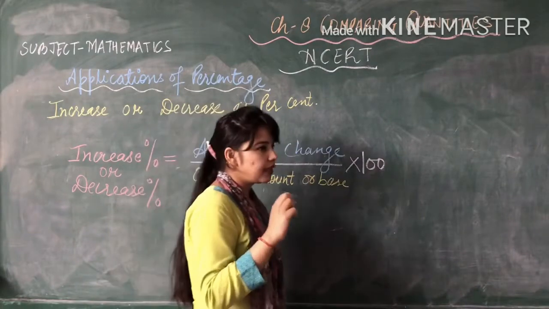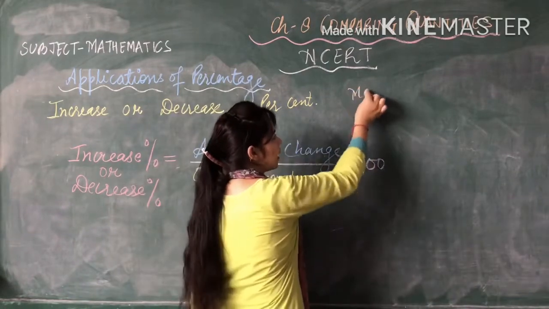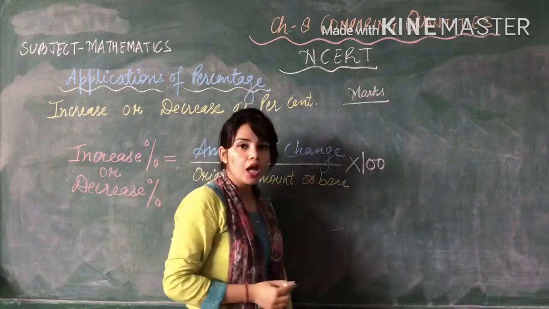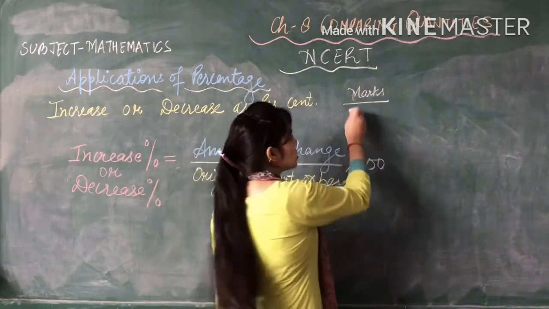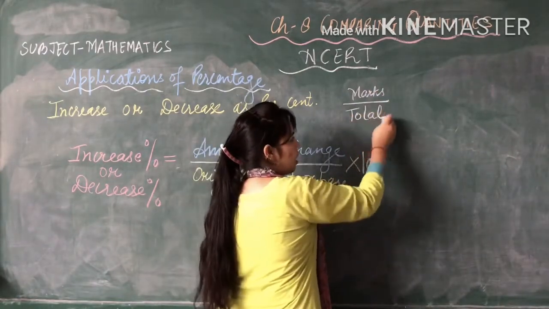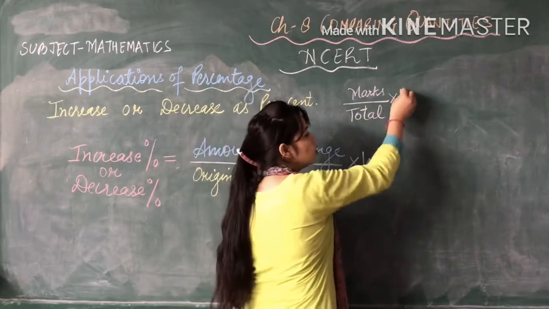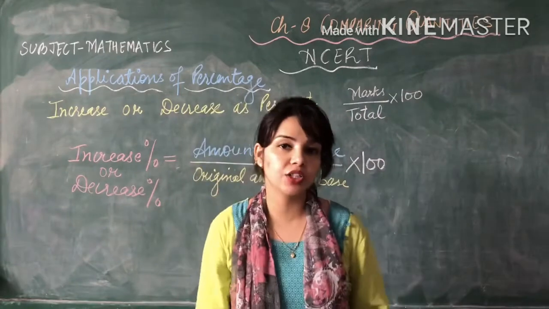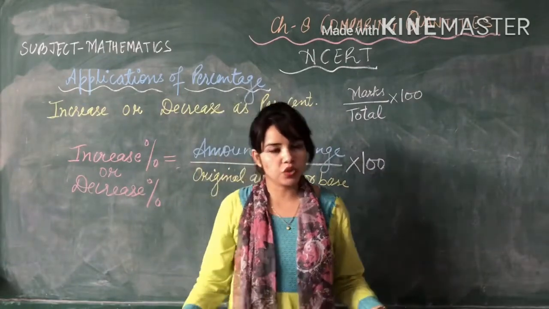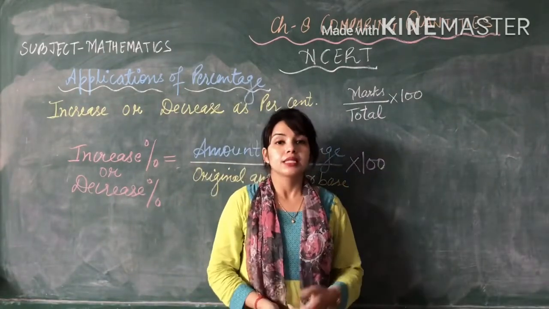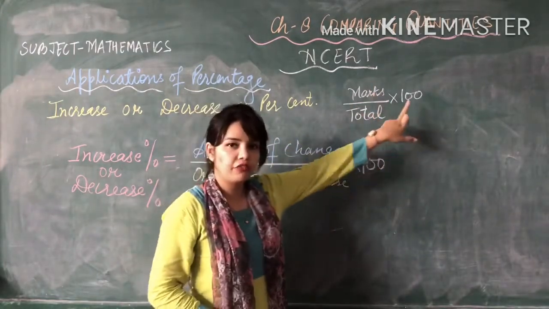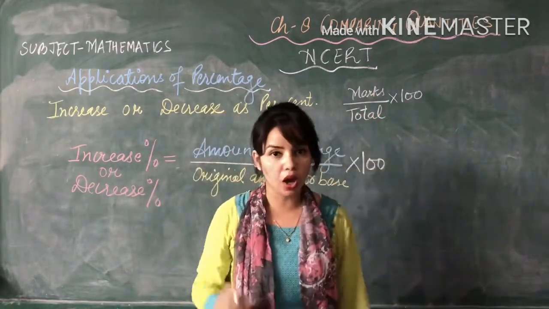You have to just write down the marks you have obtained upon the total, what it was out of, into 100. So this is the way you can calculate your marks in any subject. Suppose you are getting 16 marks out of 25, so you write 16 upon 25 into 100 to calculate your percentage.